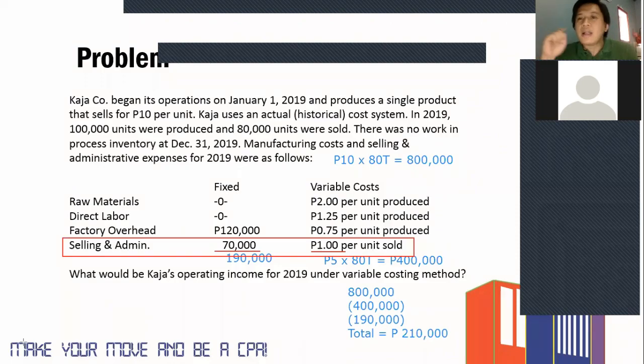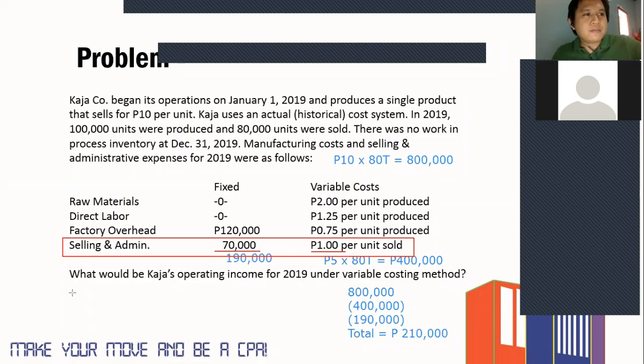Ang tanong, saan nanggagaling yung difference? As I've said last meeting, the difference will come from the factory overhead. So variable factory overhead, no problem. It's the same thing regardless of the method you choose.